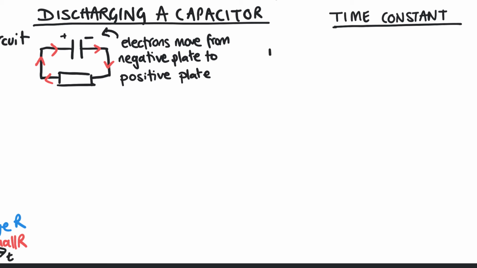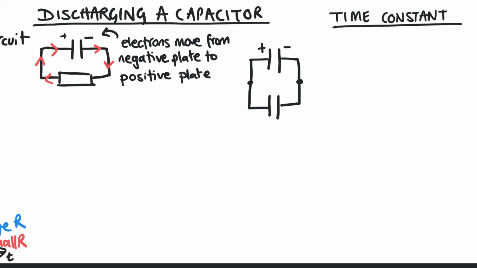We could also take the charged capacitor that we had to begin with and then connect across it in parallel, connect an uncharged capacitor. So these two are connected in parallel.